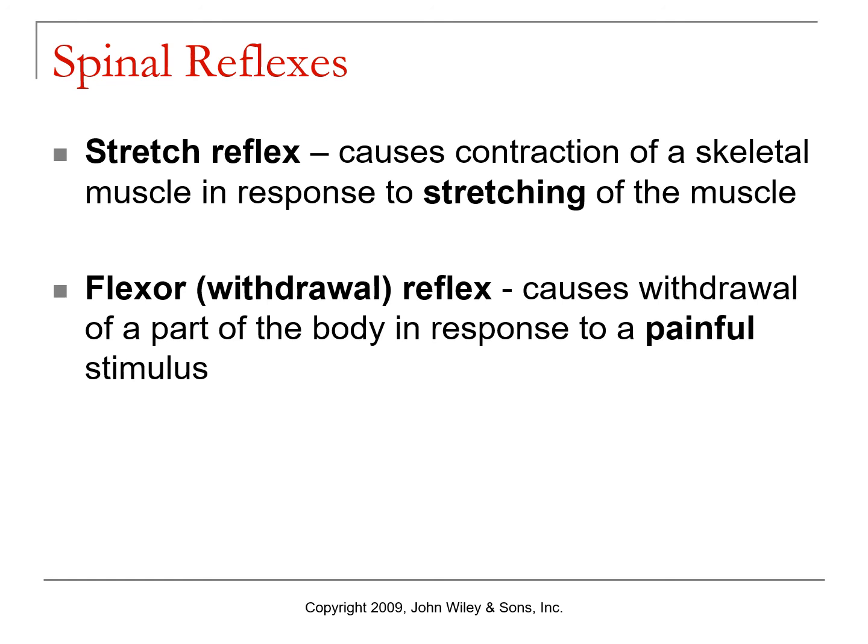For each of these pathways, please consider the following. The type of receptor that is activated and where in the body, the components of integration in the spinal cord. So how many synapses? Is it monosynaptic or polysynaptic? That is determined by how many interneurons are involved in that pathway.